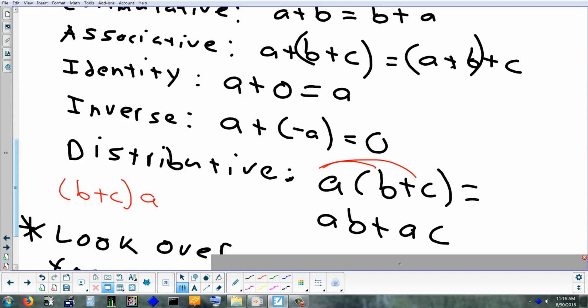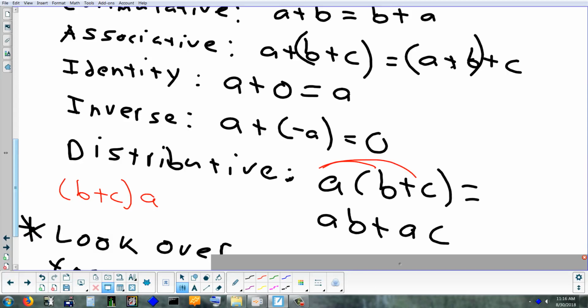Is that going to be different? Well, if these were actual numbers, like 2 plus 3 times 4, then yes, we could do what's in the parentheses first. But let's pretend they're all letters. Since B and C aren't like terms, we can't actually add the B and the C, just like we couldn't here. It wouldn't change anything. That's exactly the same thing.